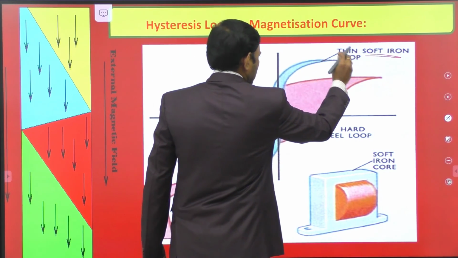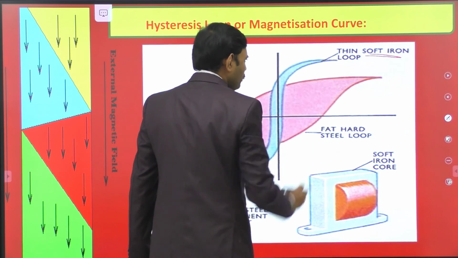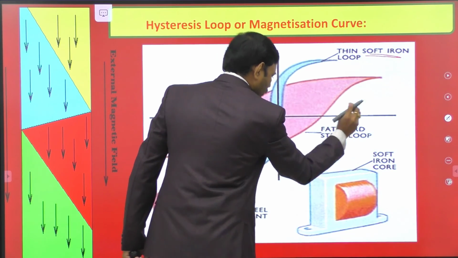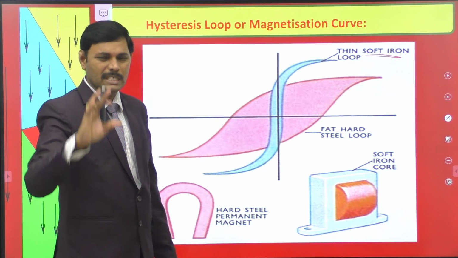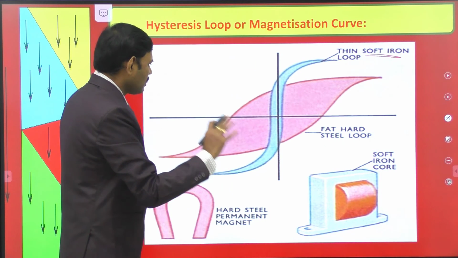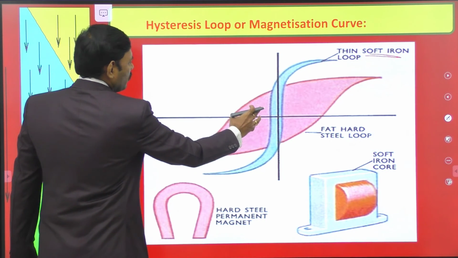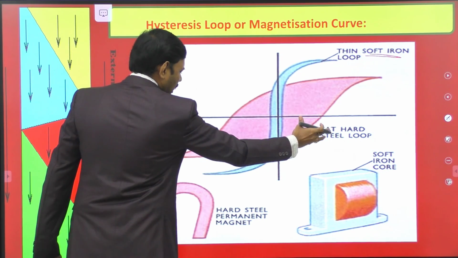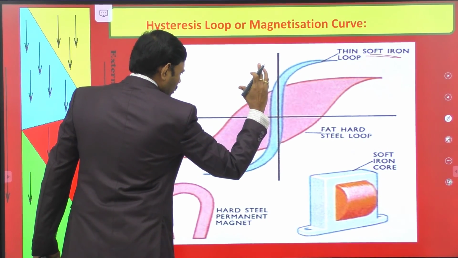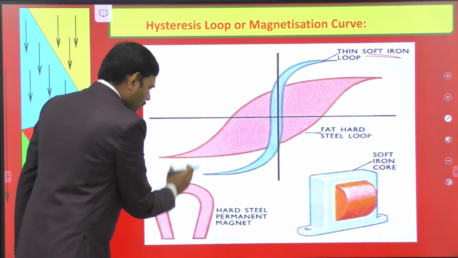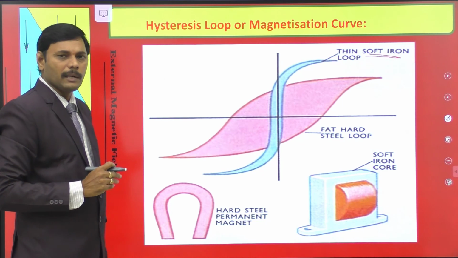As soft iron has a less area of the hysteresis loop, it is used as the core of the transformer to reduce the loss of heat. Similarly, the area of the loop is large for steel, so it is used to prepare permanent magnets, as shown in the diagram.